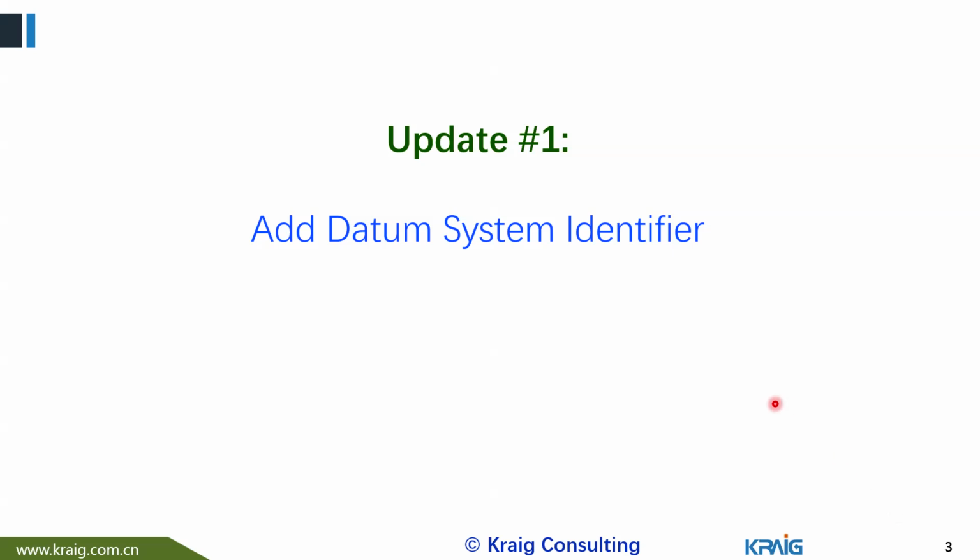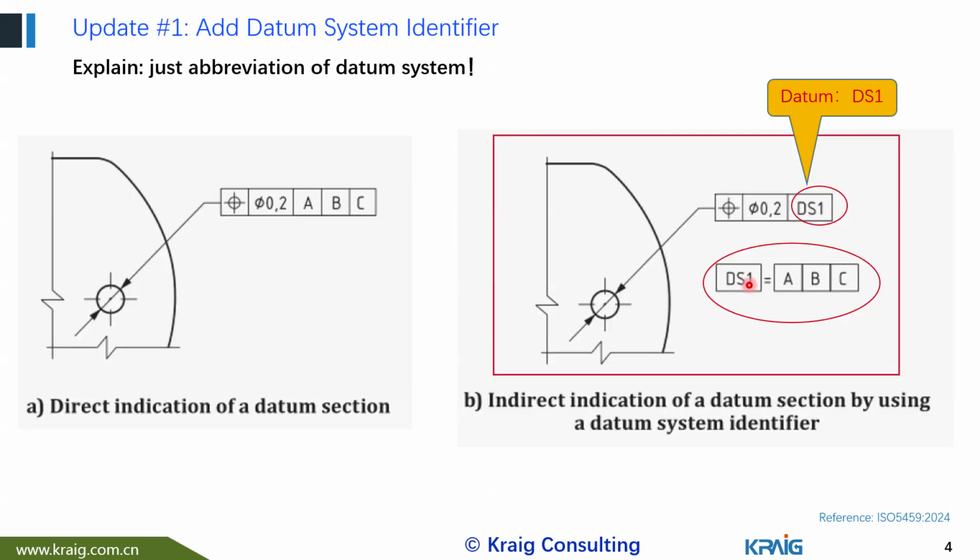Let's look at the details. Update number one: the new standard adds a datum system identifier. If you look at the drawing here, you may notice there's a position tolerance of 0.2 and you use the datum DS1, and this is exactly what they're talking about.